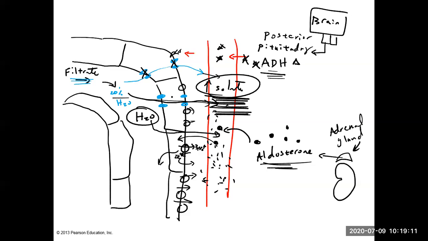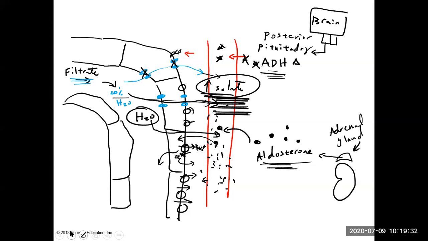So not only does water get reabsorbed in here, but also due to the higher amount of solute, you have more concentration of solute on this side. So the driving force for the water, or osmotic pressure, is going to be higher in this case.